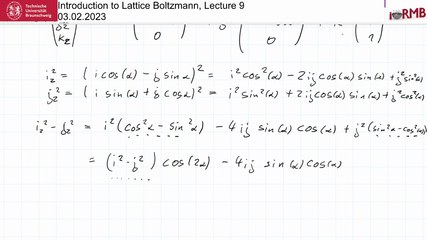The other way around, we can also get this guy to disappear for particular angles, and then we end up only with this guy here. And what is this guy?